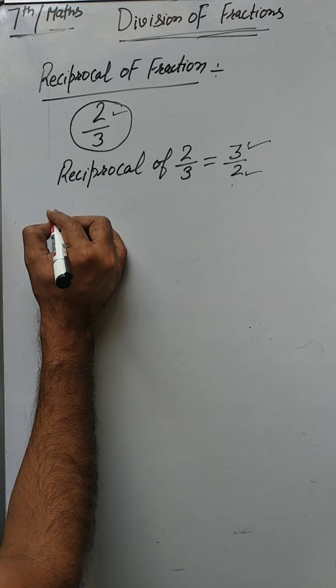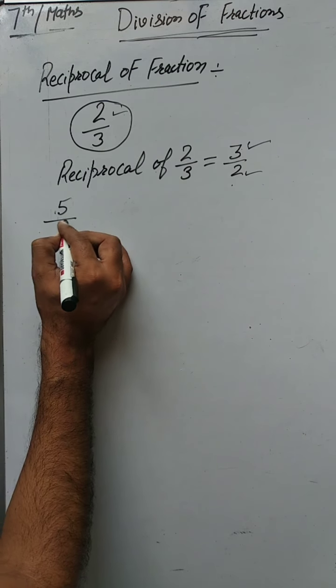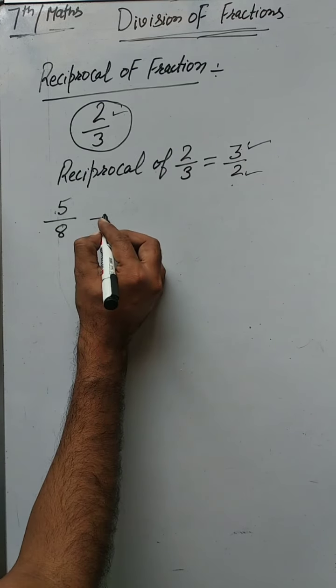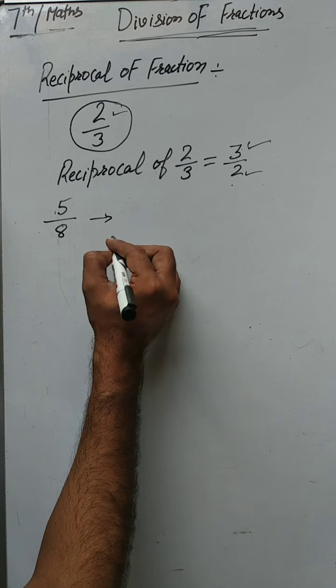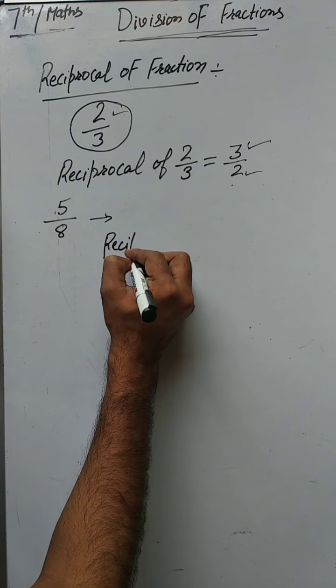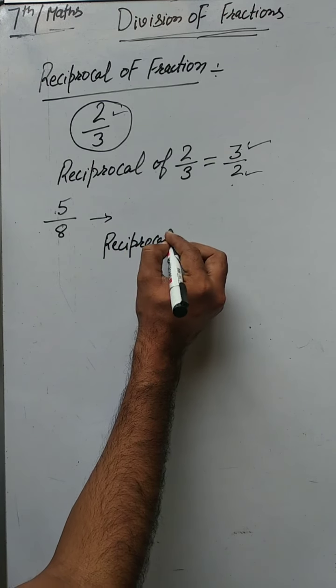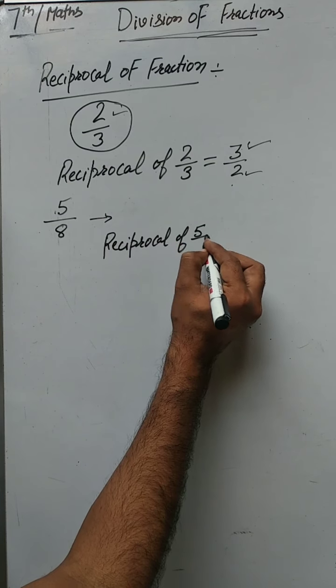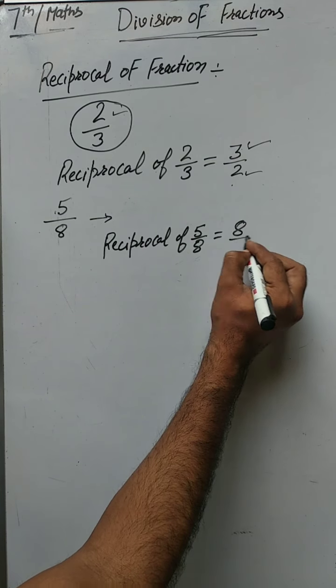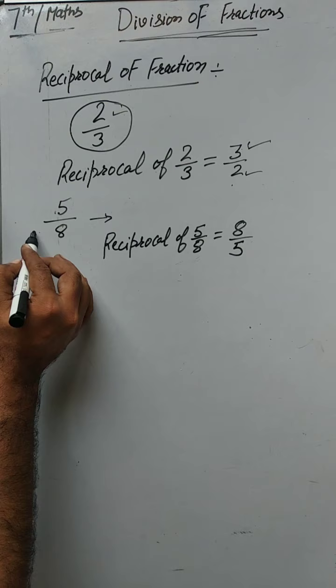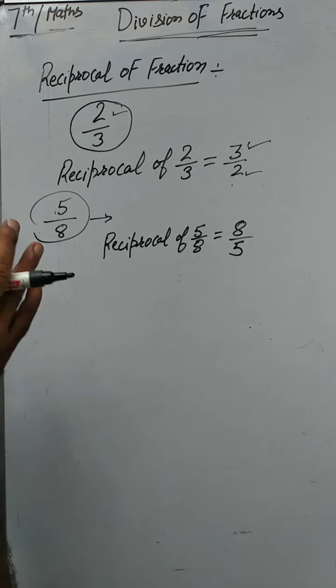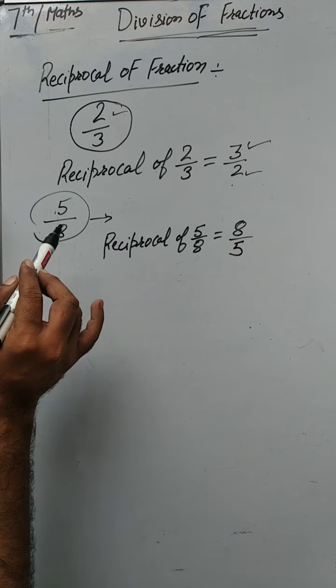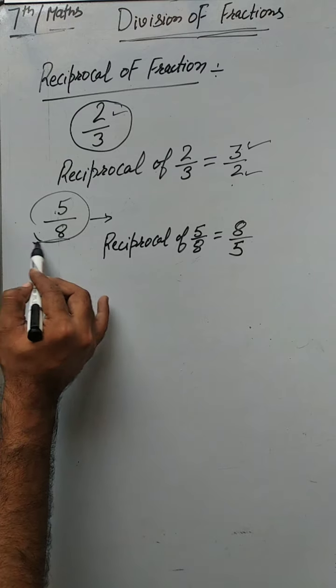Understood? Similarly beta, I have a fraction 5 upon 8. Suppose I want to find its reciprocal. Very easy beta, it will be 8 upon 5. Means you have to only reverse the given fraction.